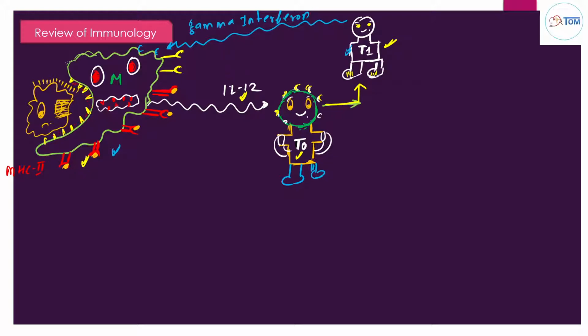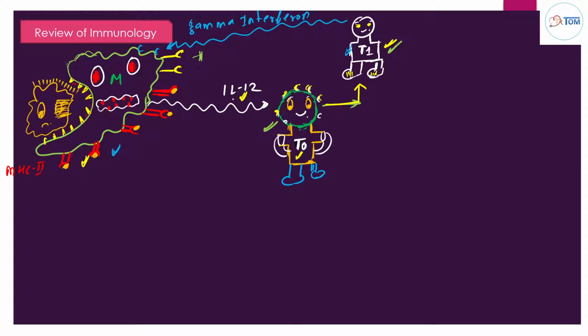So look at this pathway. This macrophage activates T0 cell, this T0 cell activates T helper 1 cell, and this T helper 1 cell again activates macrophage. This pathway is called the gamma interferon interleukin axis, or interleukin gamma interferon axis.